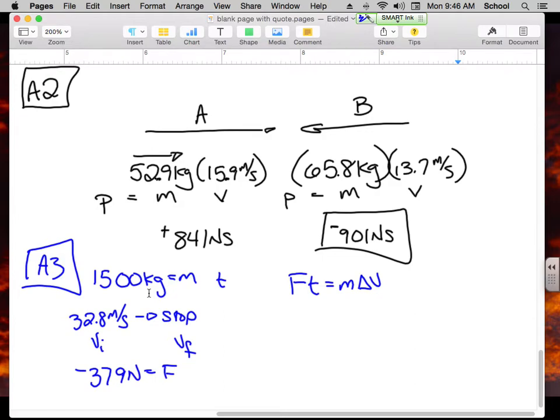So here, since I'm looking for the time, then the F needs to move down. And that will give us time by itself. So we're going to have 1,500. My change in velocity is going to be my final minus my initial. And then we divide that by the force.